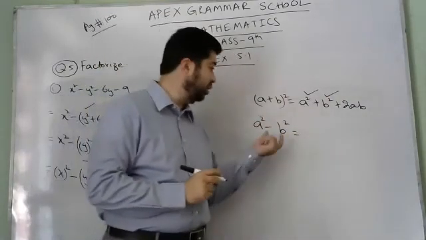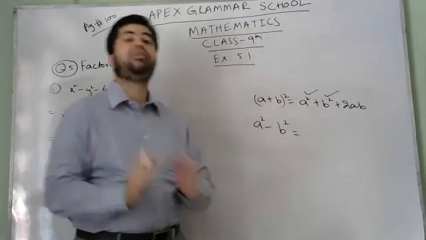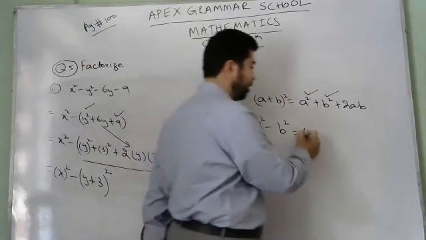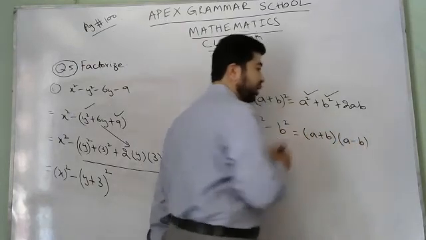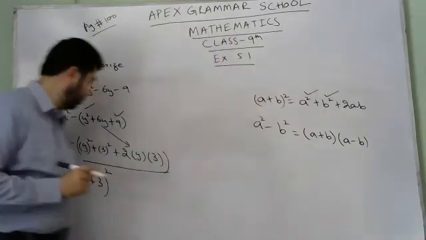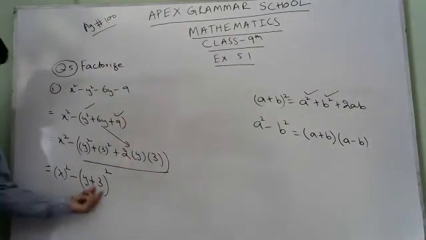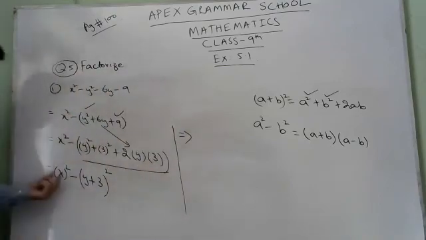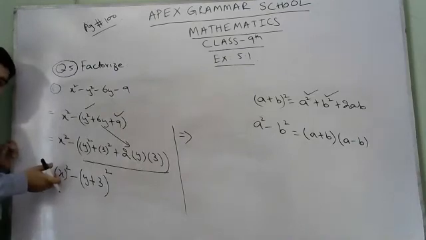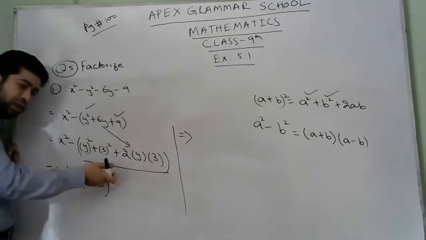Recall this formula, a square minus b square. That will be equal to a plus b and a minus b. This will become the situation of a square minus b square type. So now expand it. You can say that this is a square minus this whole thing is b square.